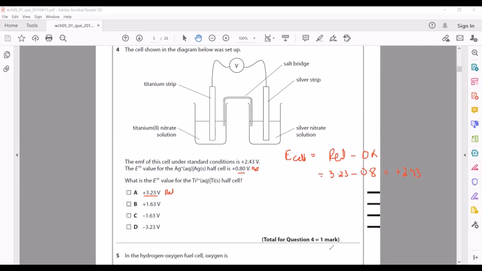Then if we check, B was the right answer. When we compare with reference to silver, there also reduction happens. So it will be 1.63 minus 0.8.